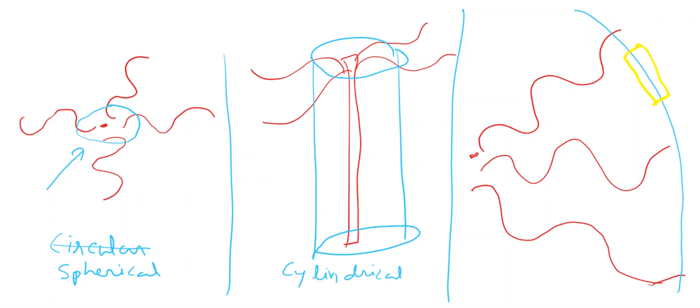So when the waves are parallel, the wavefront is considered a plane wavefront. So there are three types of wavefronts: spherical, cylindrical, and plane wavefront.